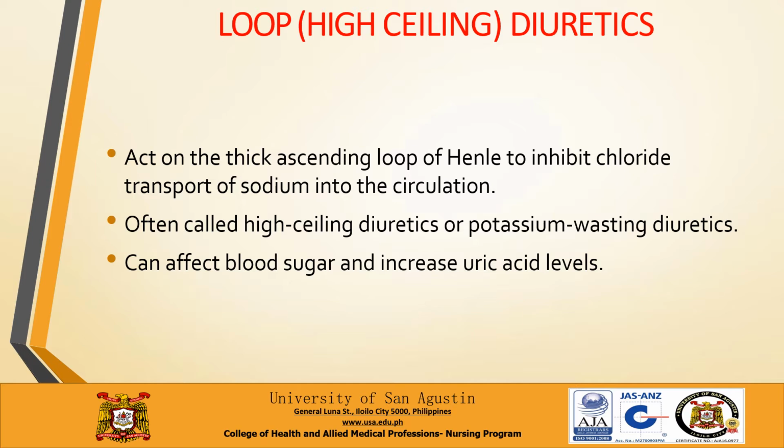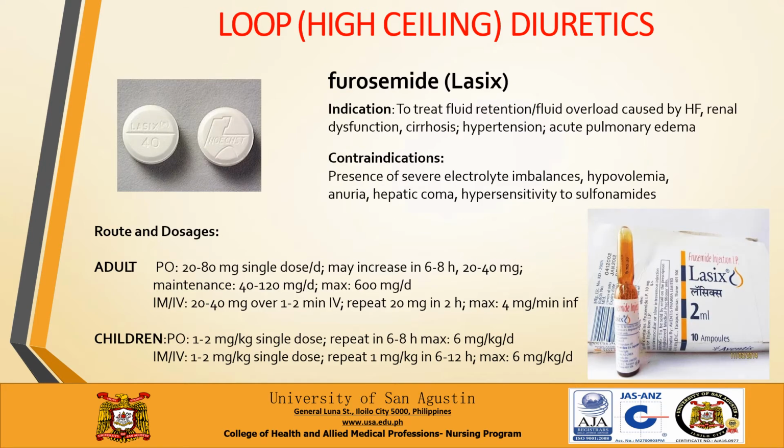So it can also affect the blood pressure and increase the uric acid levels. The very common example of your loop diuretic is furosemide or Lasix. Again, it treats fluid retention, especially for patients with heart failure, renal dysfunction, cirrhosis, hypertension, and acute pulmonary edema.